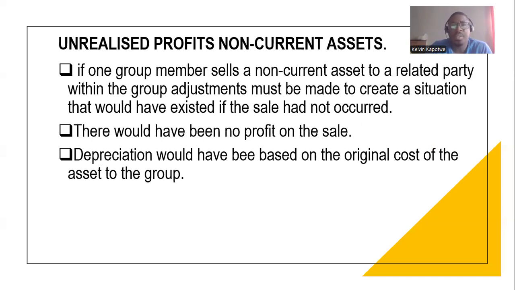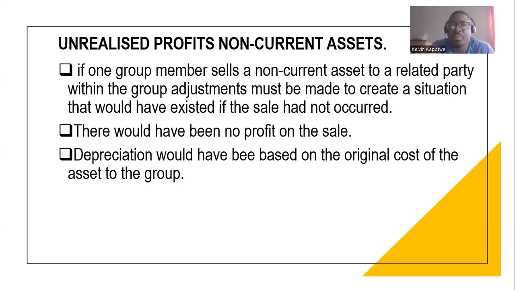Now ask yourself: if this transaction did not take place, what would have happened to the group? The answer is that there would have been no profit on the sale.